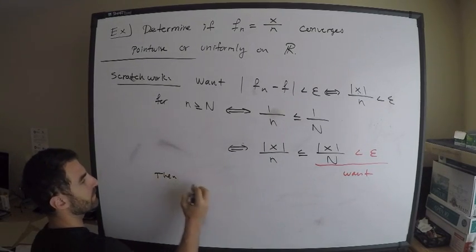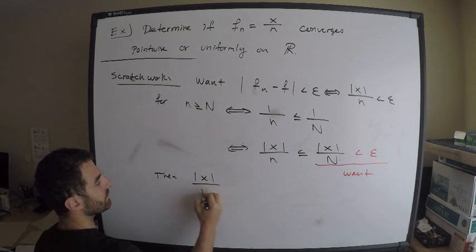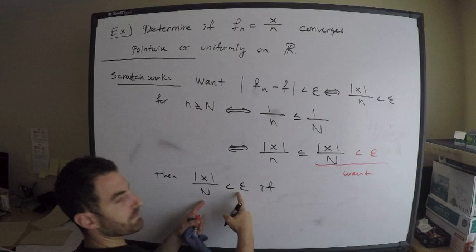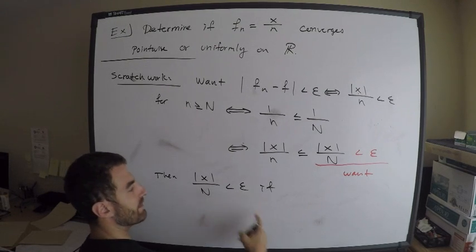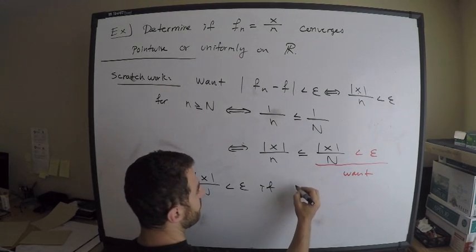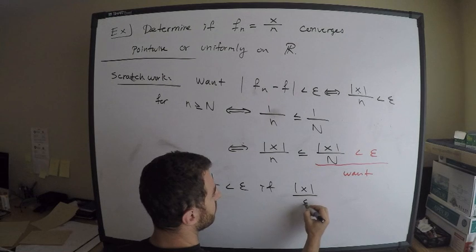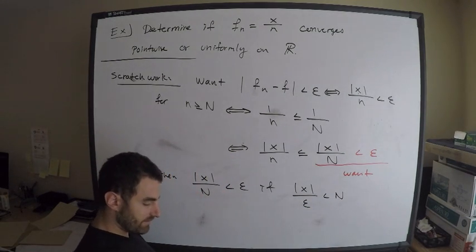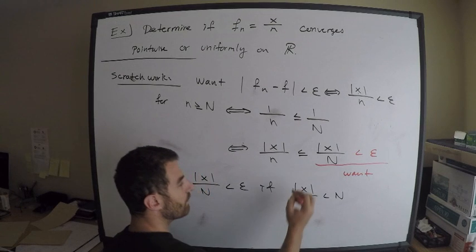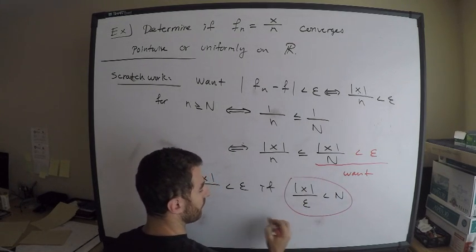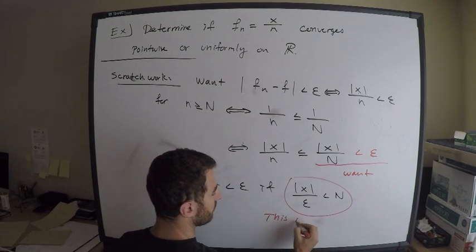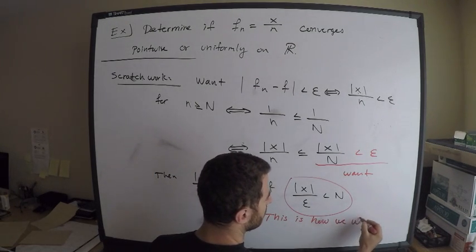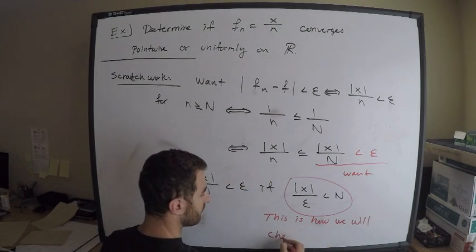Then absolute value of x over N is less than epsilon if, just do some algebra here, multiply both sides by capital N and divide by epsilon, if absolute value of x over epsilon is greater than N. This is our choice of N. This is how we'll pick N. So this is how we will choose N.